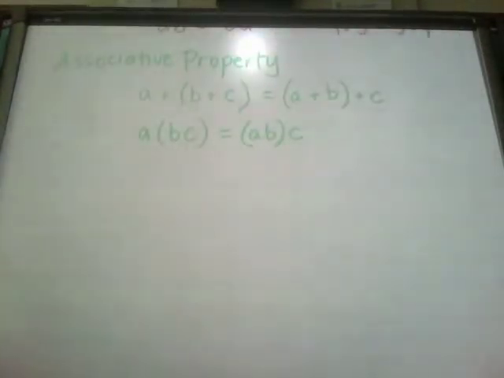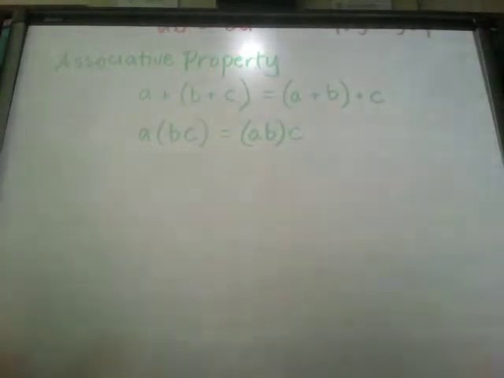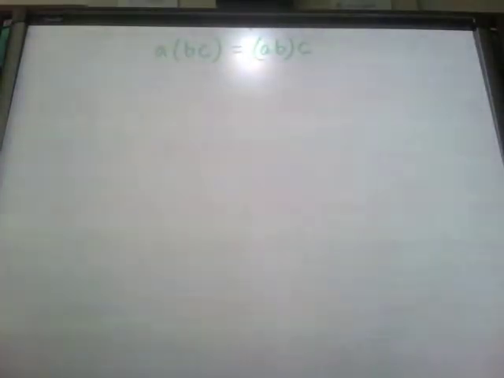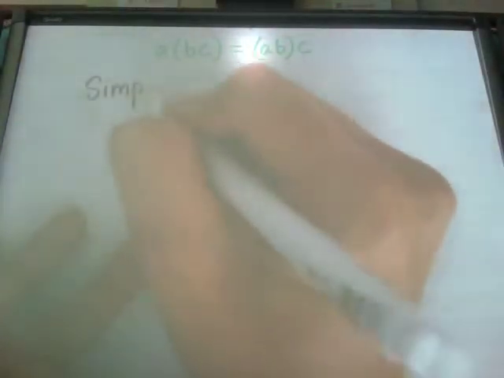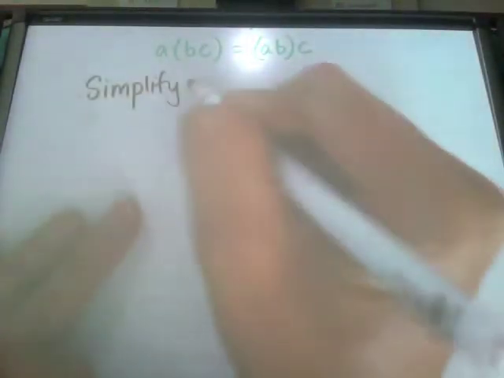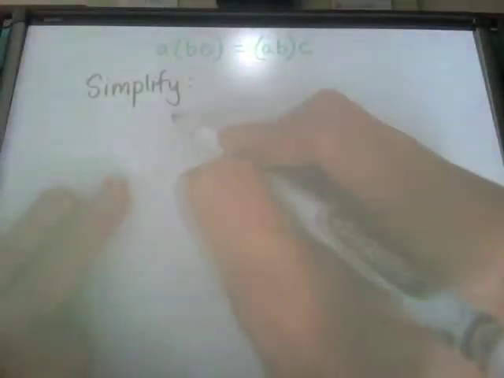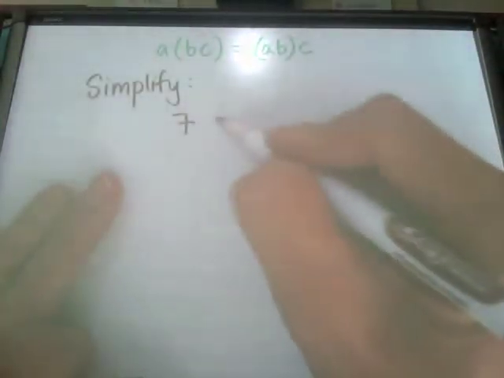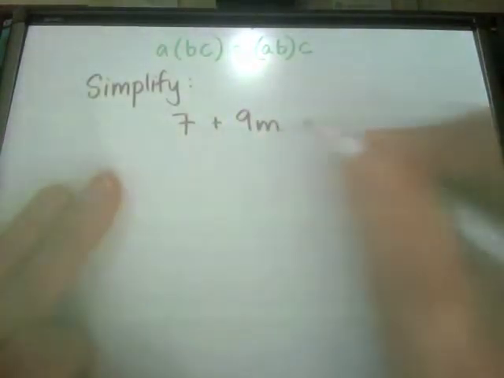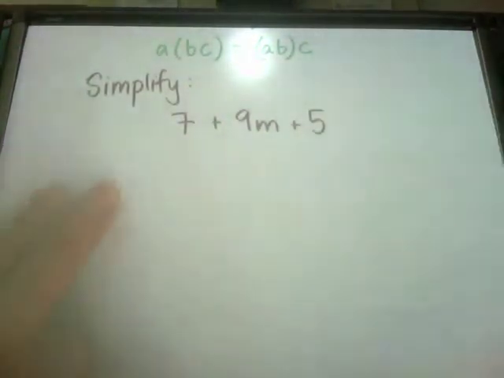But I want to show you a couple other things now of how we're going to use these. So, let's say first of all that I asked you just to simplify, and we're going to do this by using one of the properties. So if I said simplify 7 plus 9m plus 5.